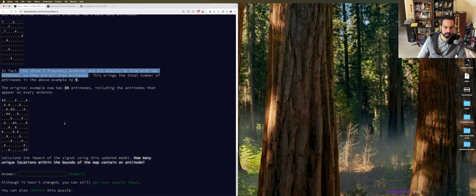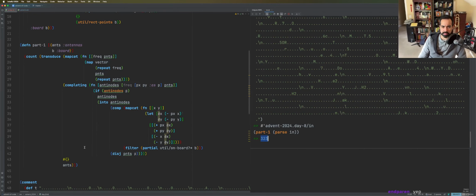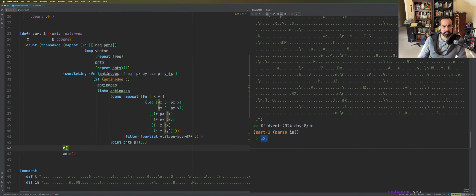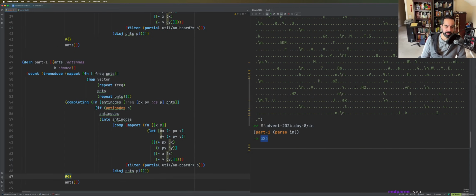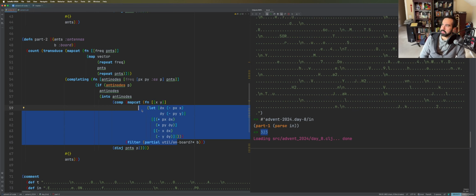Okay. All right. I feel like this is a variation on what we just did. Let's just get her done. But the deal is going to be... You can apply this recursively until you run off the board?